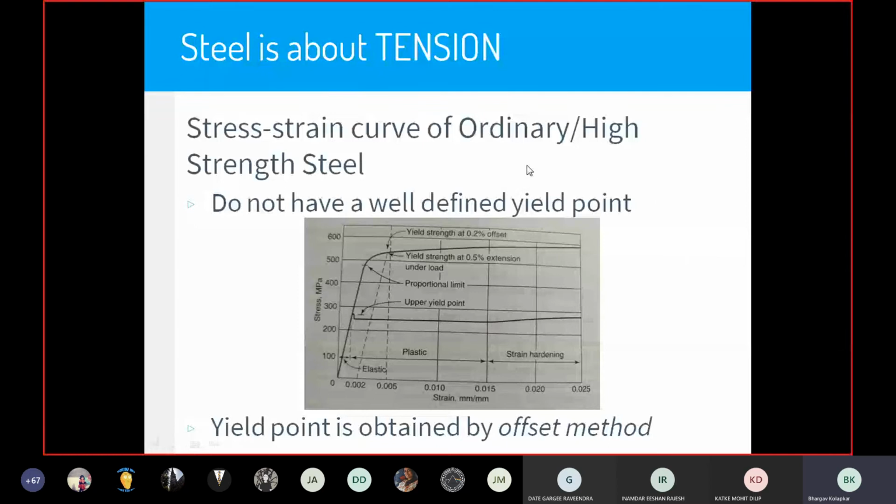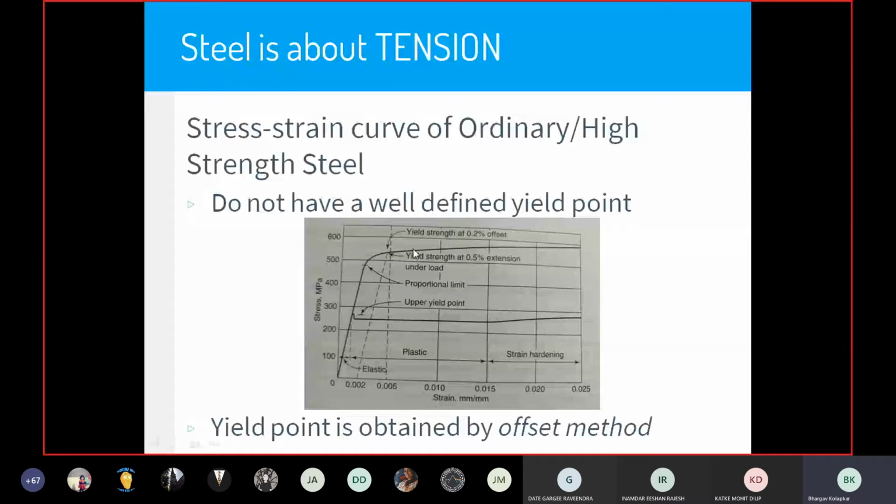If we look at the curve for ordinary or high strength steel, you do not get such a well-defined plastic zone and a well-defined strain hardening zone. The curve towards the bottom is that of mild steel, and the other curve is that of a high strength steel. It is just a straight line and then a curve, perhaps parabolic, that does not have such a plastic region and strain hardening region.